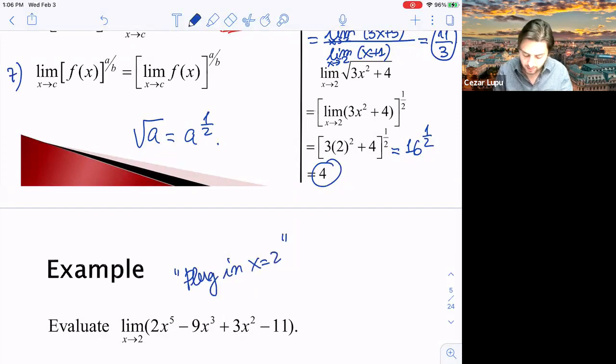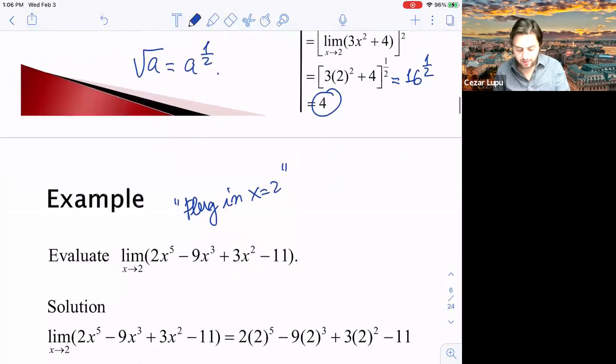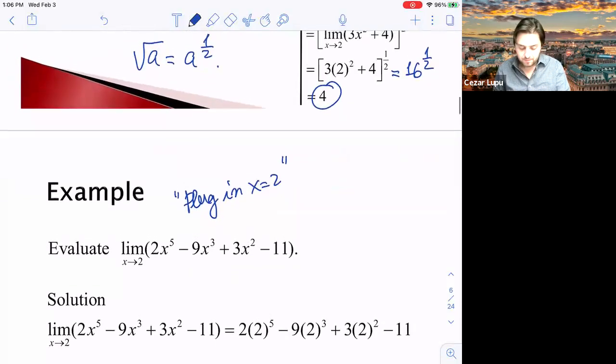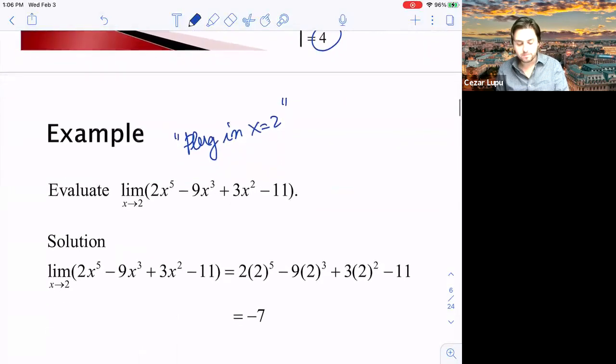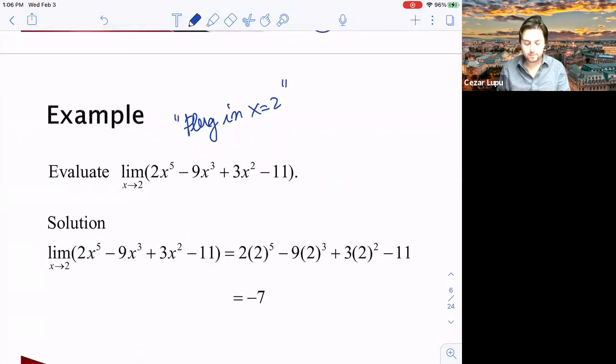So once we do this, let's see, what do we have? Basically, you just plug in x equals 2, so the limit as x approaches 2 of 2x to the 5th minus 9x cubed plus 3x squared minus 11 will be nothing else than 2 times 2 to the 5th minus 9 times 2 cubed plus 3 times 2 squared minus 11, which is -7.